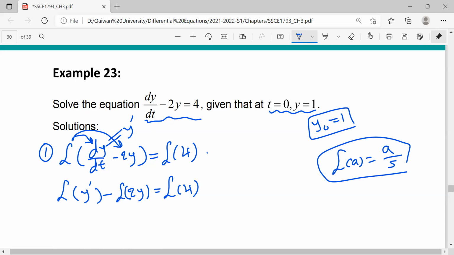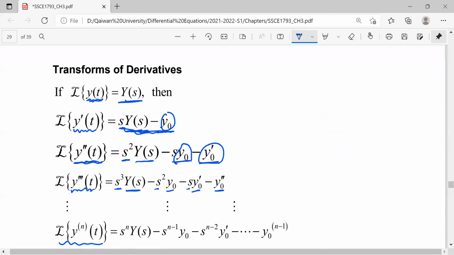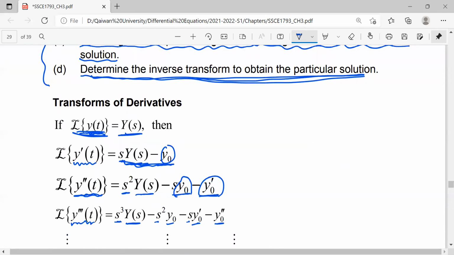For the left hand side, we have the Laplace transform of y prime and the Laplace transform of 2y. The Laplace transform of y is Y of s, and the Laplace transform of y prime is s times Y of s minus y naught.